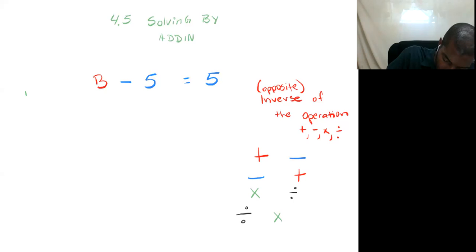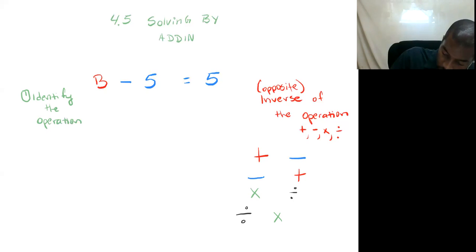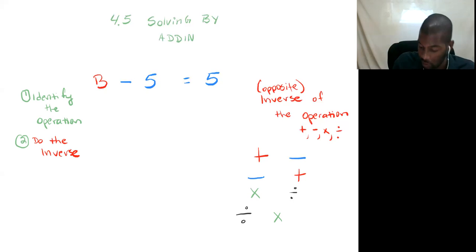So step one, identify the operation. Since I have a minus, step two, do the opposite or the inverse. The opposite of a negative is a positive, so I'm going to do positive 5.